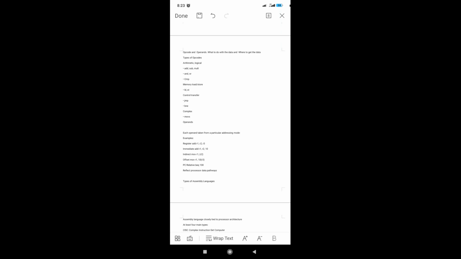For your operands, each operand is taken from a particular addressing mode. Remember that we explained operands to be where to get data from. For your operands, we have register, for example add R1, R2, R3, and immediate, for example add R1, R2, and 10.